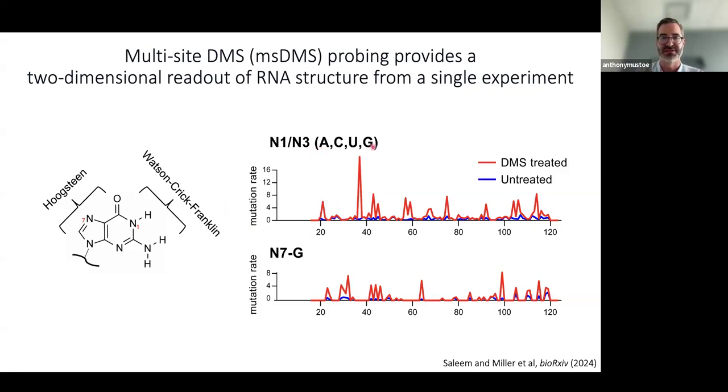So at all four bases, we can get information about what's going on at the Watson-Crick-Franklin face via this N1 position. And then via these G to A substitutions at Gs, we can get information about the N7 position, what's going on at the Hoogsteen face.